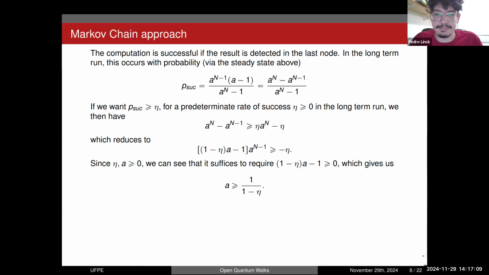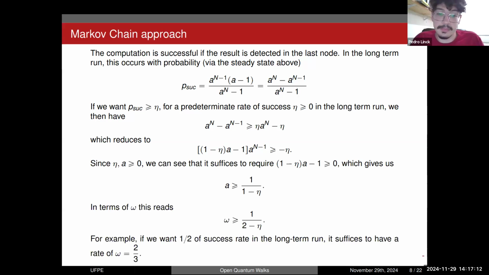But it suffices to ask omega equal to 2/3, for example, and you have a rate of success in the long-term run of 1/2.